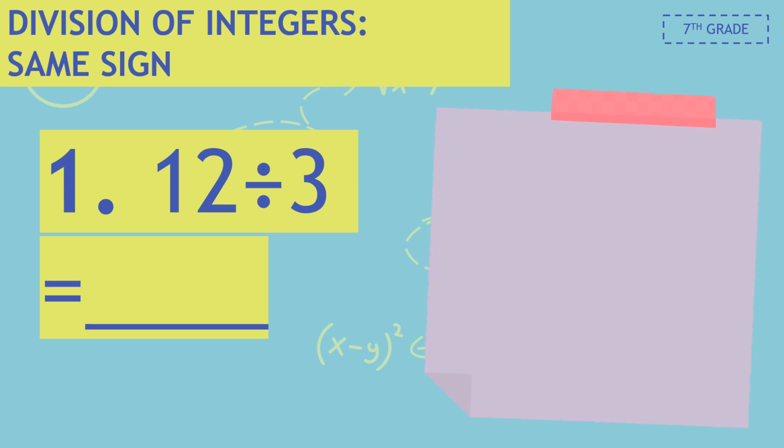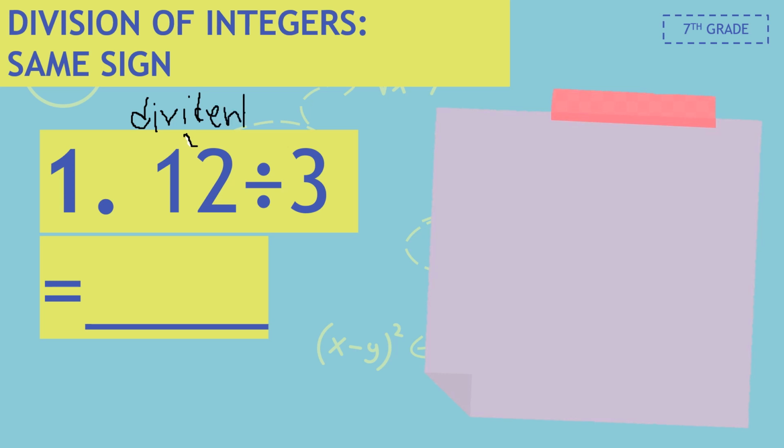So again po, let's have a recap for this. The first number is the dividend. Ang tawag po sa first number natin, dividend.